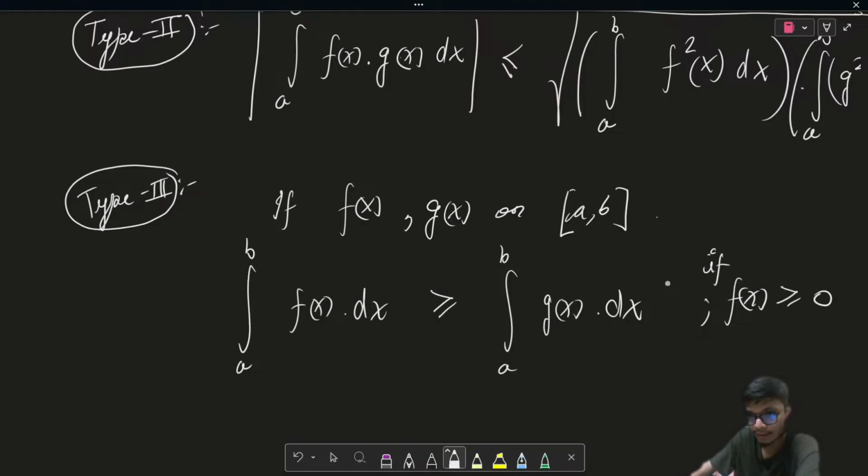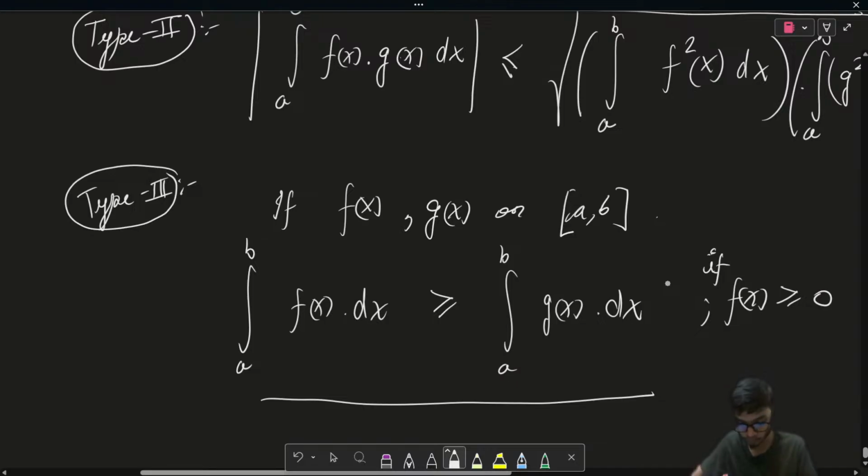So if I have this condition, then this particular inequality result also holds true.